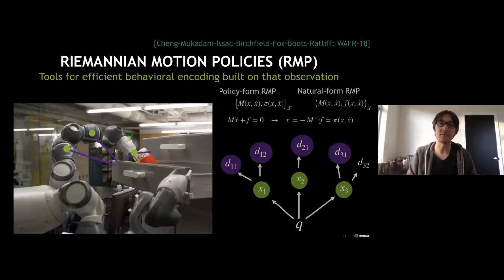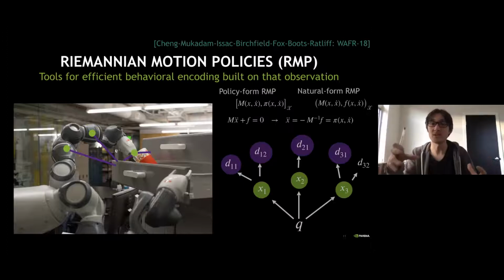And there are close relationships between this and some classical operational space control, but what we are emphasizing here is the ability to write down both a policy in that space and a metric, which defines an entire spectrum of weights.